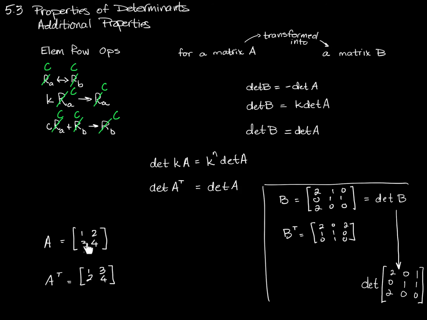As long as the matrix you're looking at is square, it has a transpose, and you can think of it as a transpose of some other matrix. Okay, so that's how we get away with talking about column operations, and these properties hold for column operations as well.